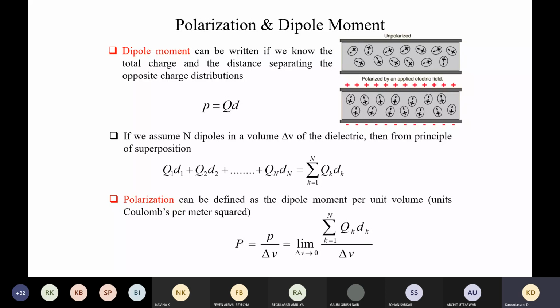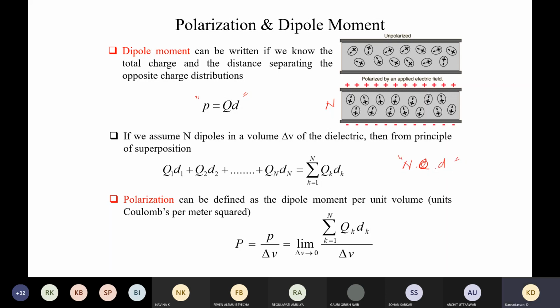We have individual dipole moments as Q into D, and if we have n number of dipoles in a given unit volume, then you can simply add all of them. If all the dipole moments are almost in the same direction, you will get n into QD.